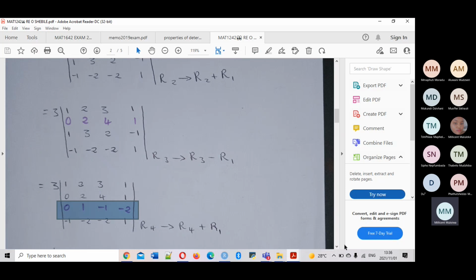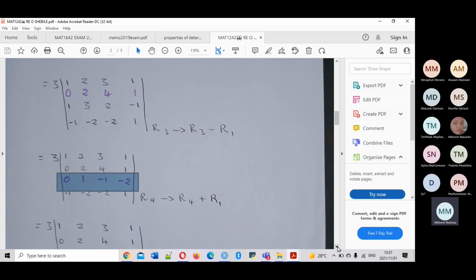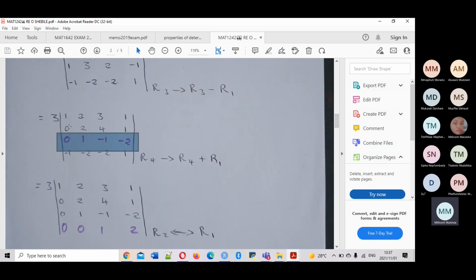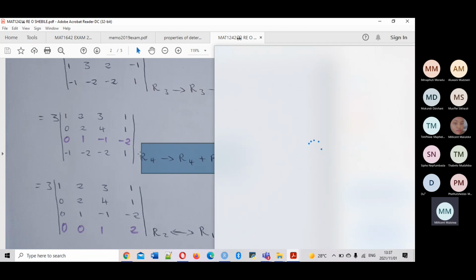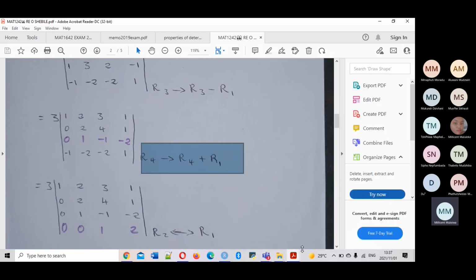So now, let's see. Why did we say row 4 is given by row 4 plus row 1? So that here we may have 0.